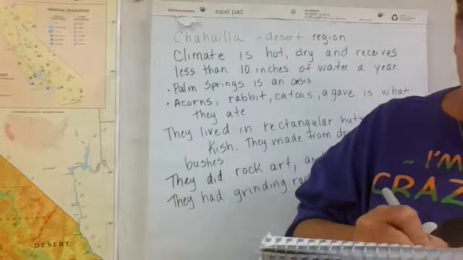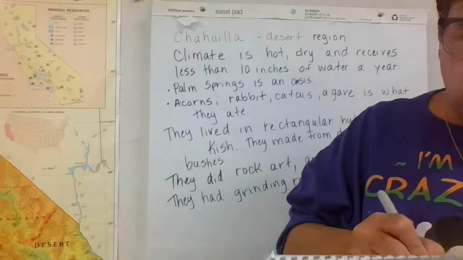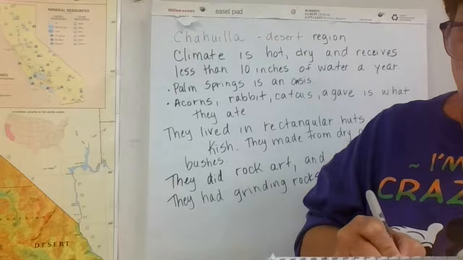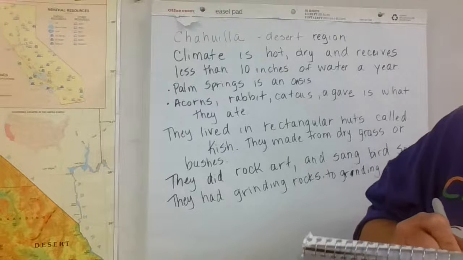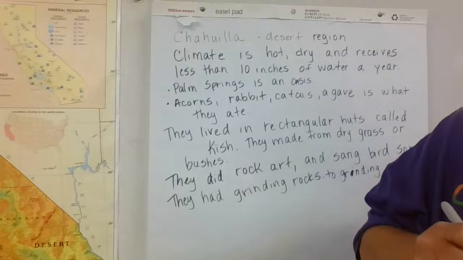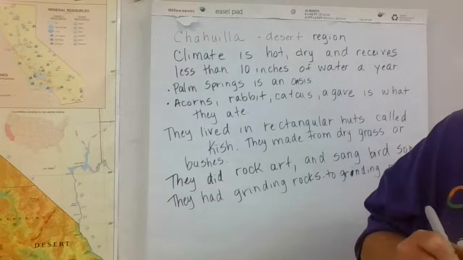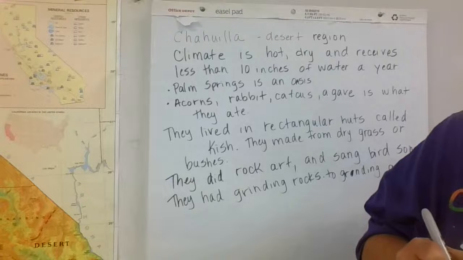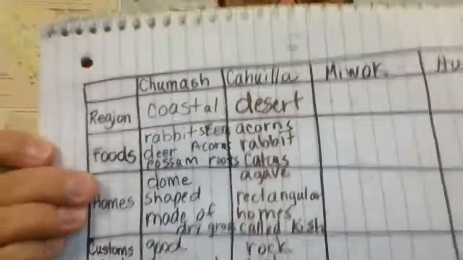Okay. They had rectangular homes called kish. They had rock art, bird songs, and grinding rocks. Okay, I apologize that I didn't have that written out sooner.